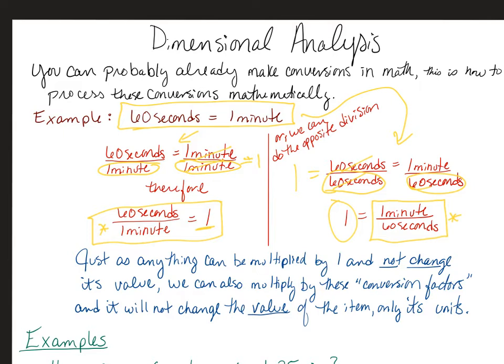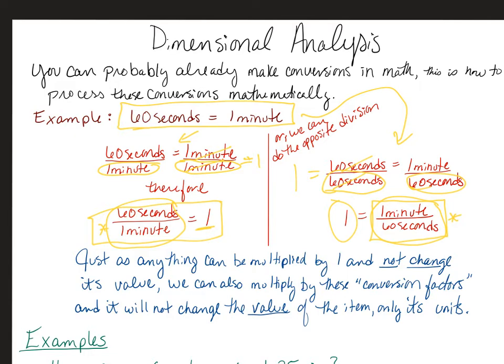We call both 60 seconds over 1 minute and 1 minute over 60 seconds conversion factors, and we can use those in mathematical equations in order to get units to where we want them to be.